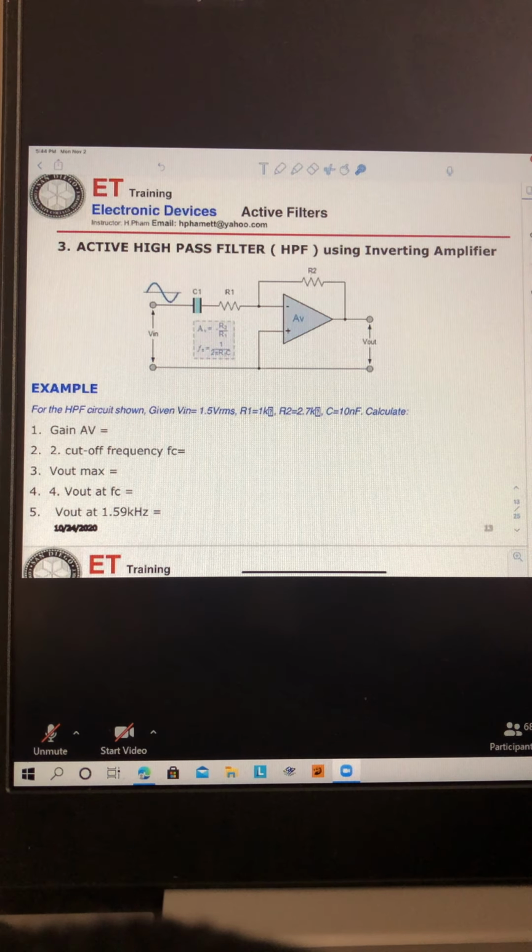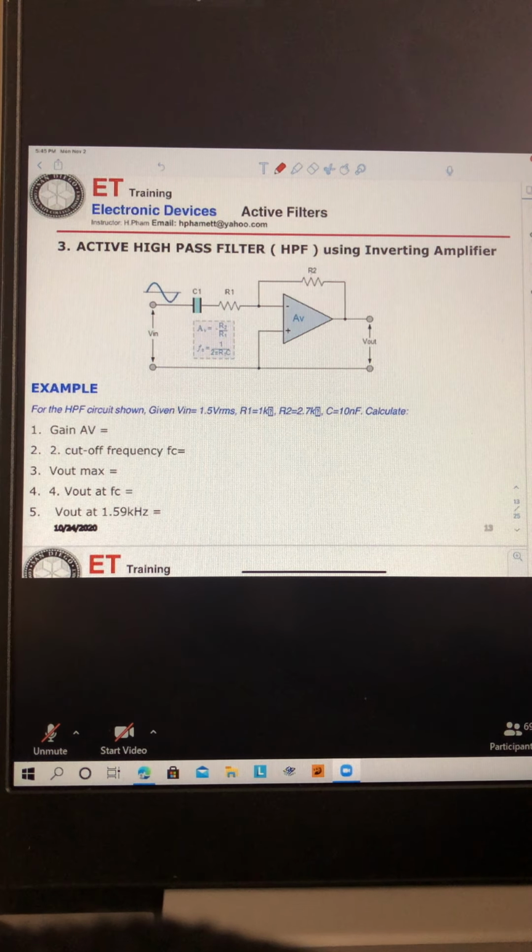Using the negative. Input connects to the negative. And the gain will be equal to what? Not 1, right? R2 over R1.